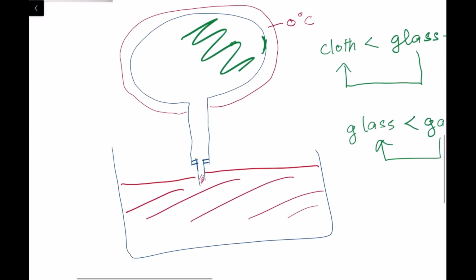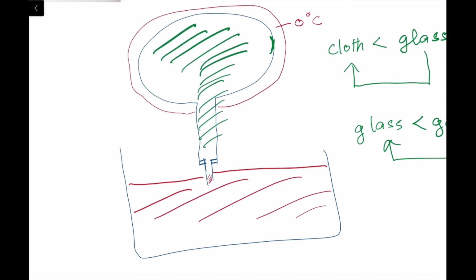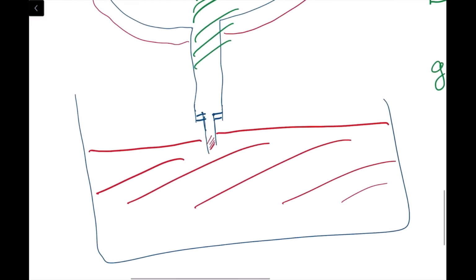So if the gas was, let's say, occupying this full container, it would now occupy a lesser amount of space because of the fact that it's contracting.